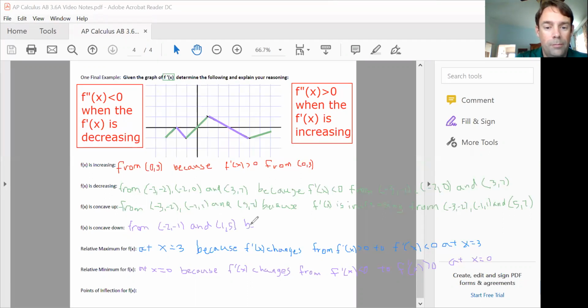Because f prime of x is decreasing from those values.